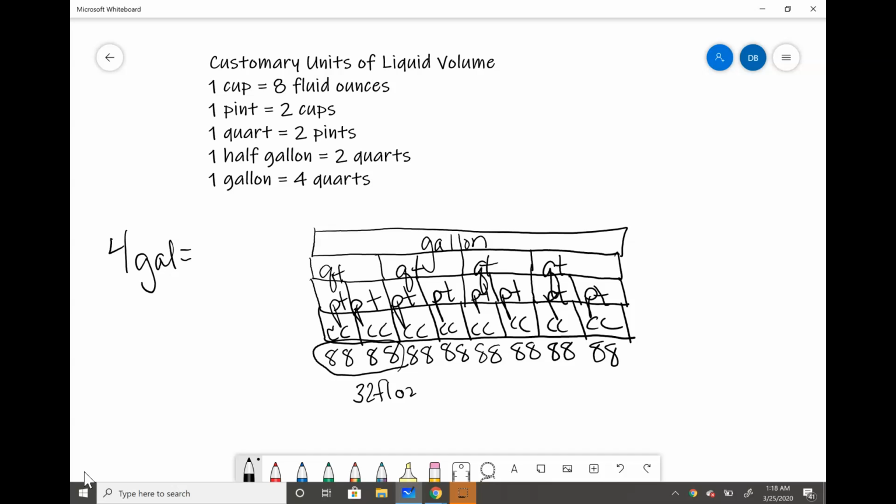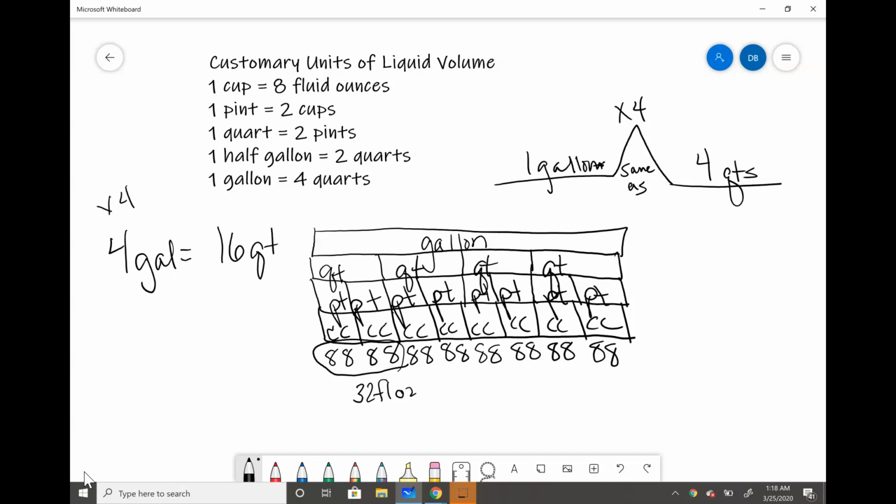Well, I see that 1 gallon is the same as 4, what did I say, quarts or pints? I'll say quarts, 4 quarts. So then 4 gallons would be the same as, well, the relationship is times 4. So 4 times 4 would be 16 quarts.